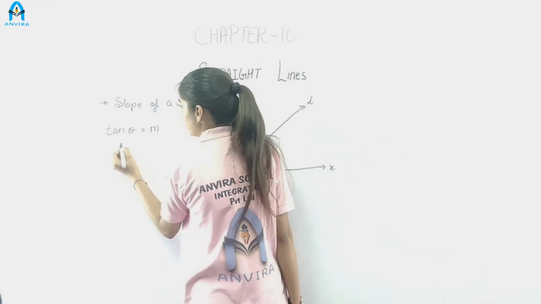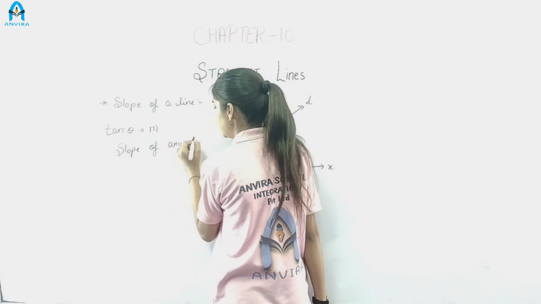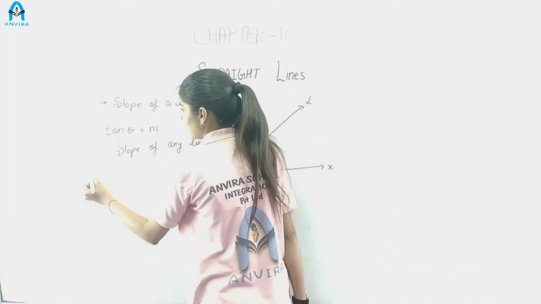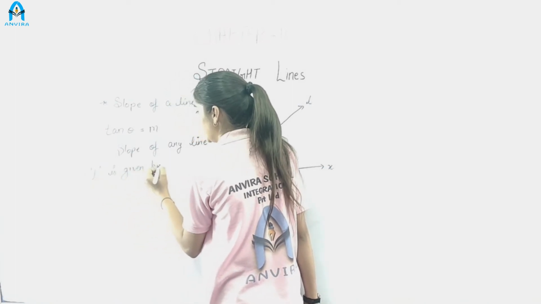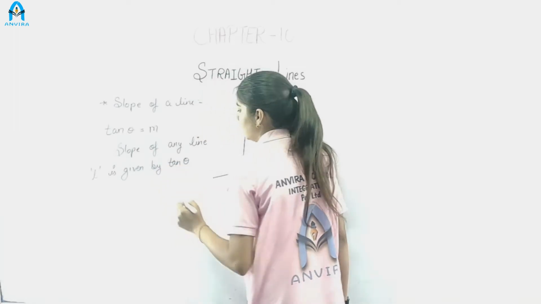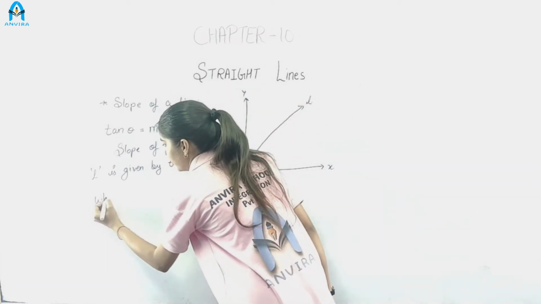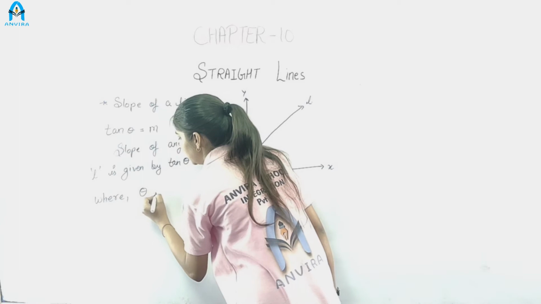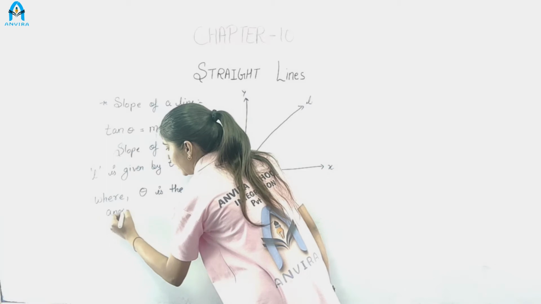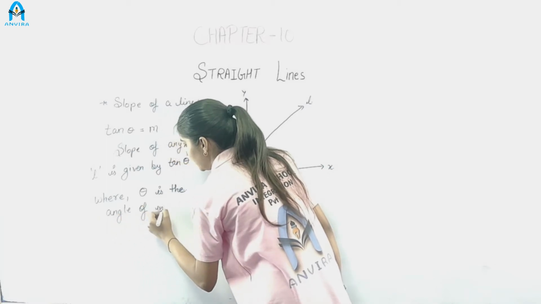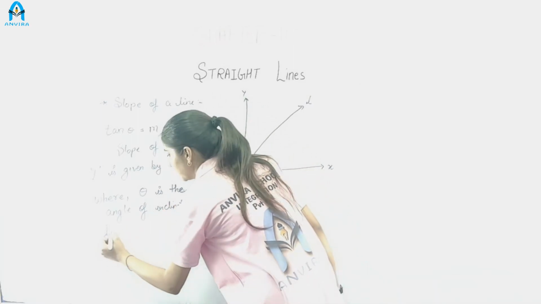So the slope of any line L is given by tan theta, where theta is the angle of inclination from the respective axis.